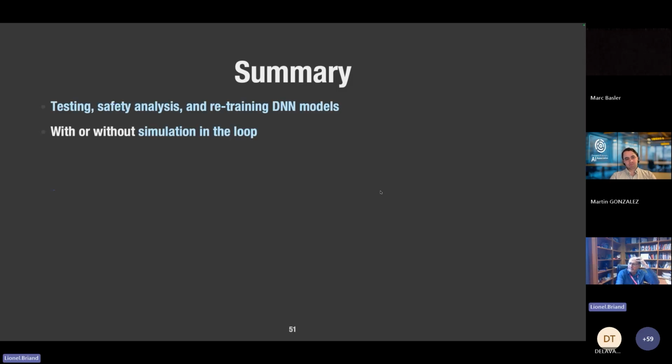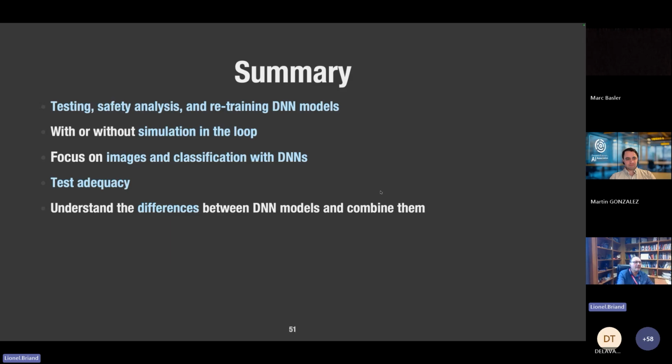So to summarize what I've presented, I talked about testing, safety analysis, and retraining of DNN models with or without simulation in the loop. In this presentation, I've focused on DNNs with images as input and performing classification, but of course you can generalize many of the things I've said. I talked about test adequacy.